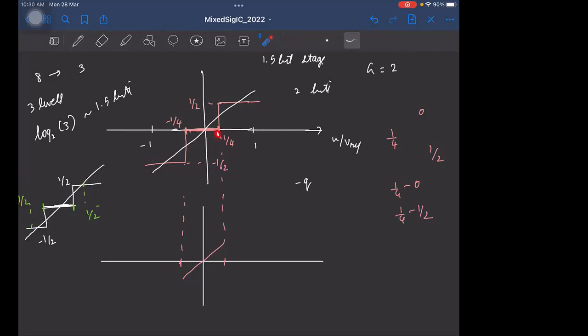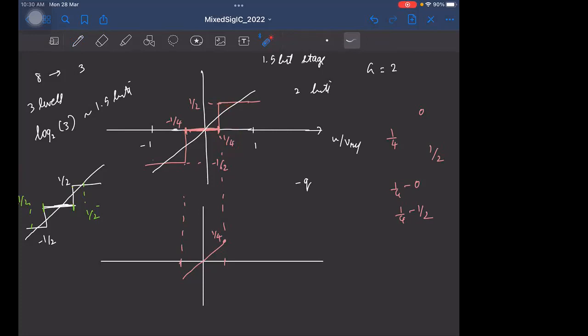And at this point, we have a sudden jump, right? And the jump happens when the input crosses 1/4. When the input was just below 1/4, the quantizer output was 0. So the quantization error would be 1/4 here. Okay. And the moment it exceeds 1/4, the output goes to half.